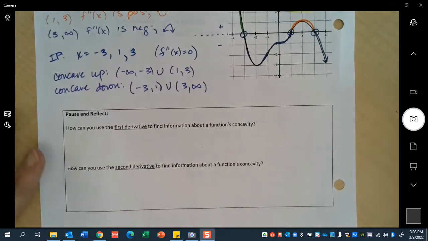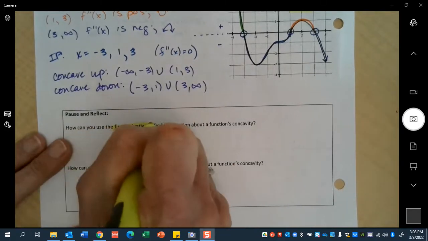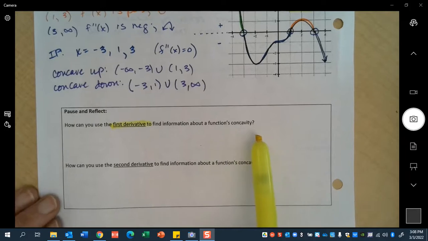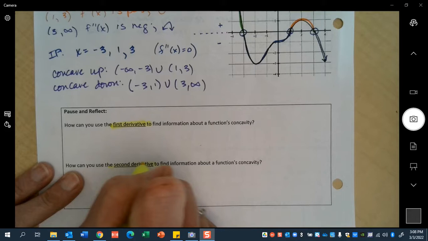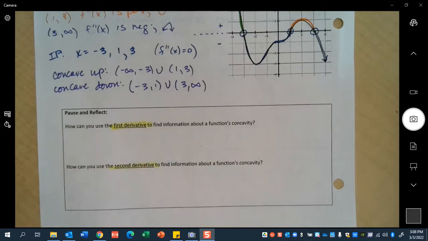All right, pause and reflect. How can you use the first derivative to find information about a function's concavity? And how can you use the second derivative to find information about a function's concavity?